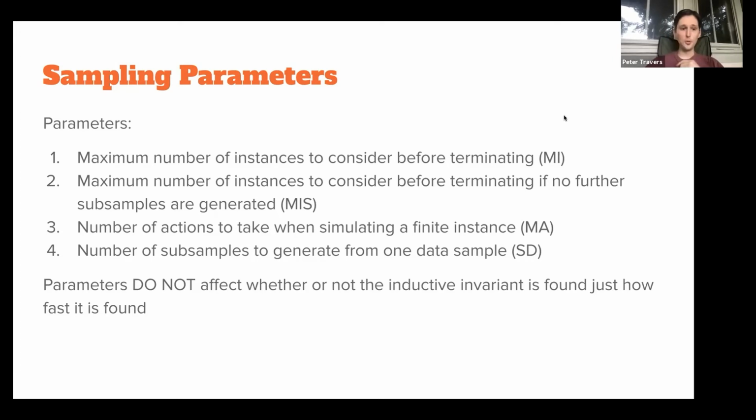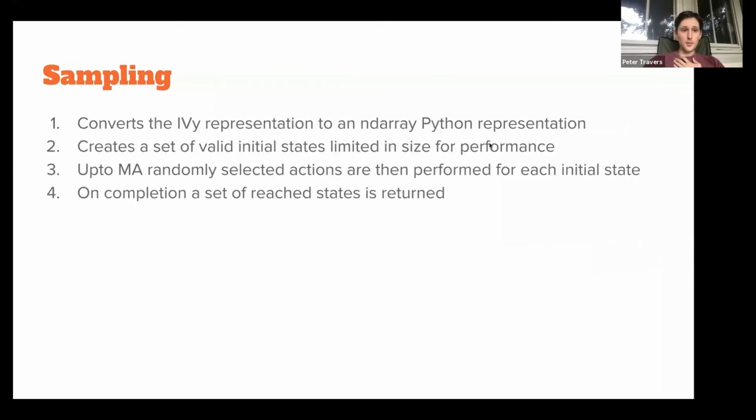I'm sorry if I'm losing people here, but the rough idea is that we convert the Ivy representation to a multi-dimensional Python representation of the protocol. We then create a set of valid initial states that are limited in size so that it doesn't get insane in terms of runtime.